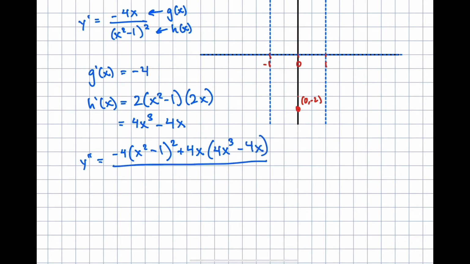And all of that is divided by the bottom function squared. So x squared minus 1 squared, squared again, is going to be to the power of 4, because those exponents just multiply together.